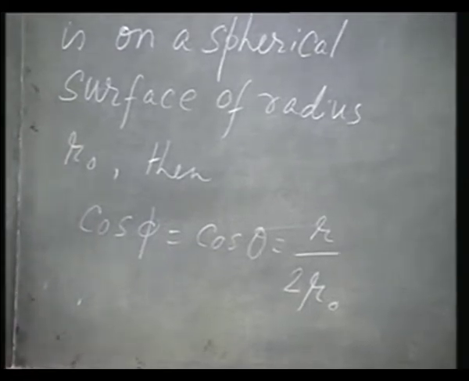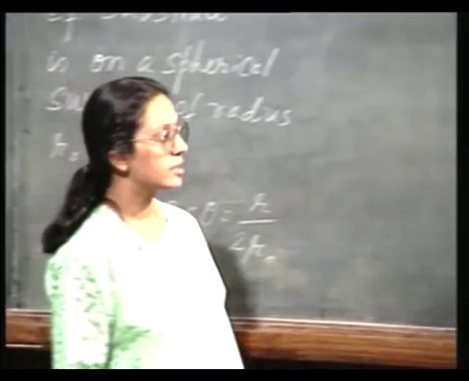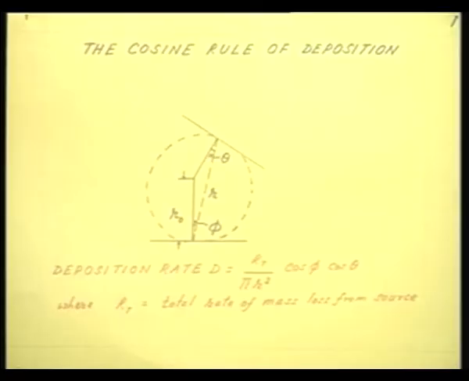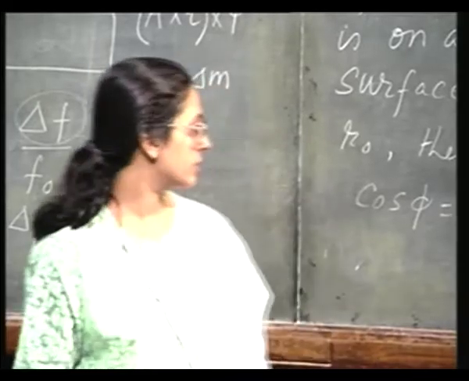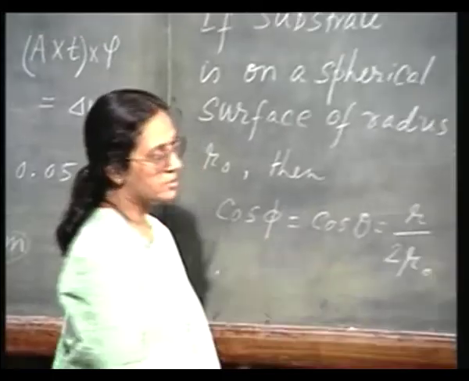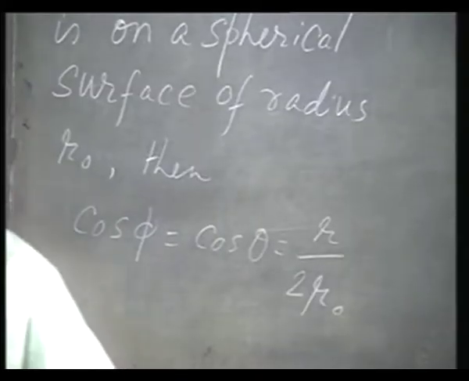And if that is so, then you can see that the deposition rate will be simply given by RT by 4 pi r0 square cos phi cos theta, 4 pi r0 square. By replacing cos phi and cos theta by r by twice r0, this is what we will get.